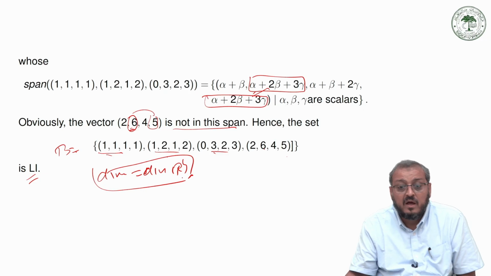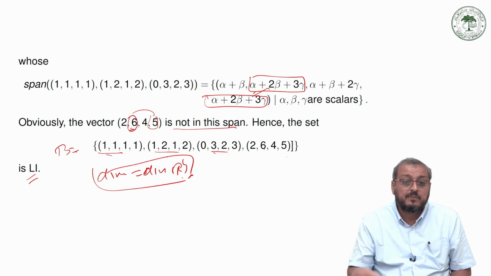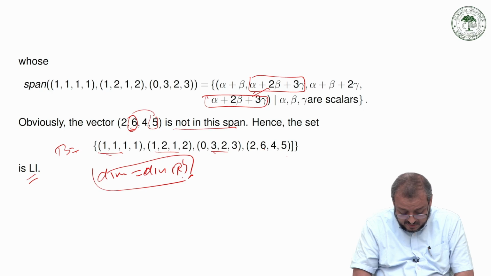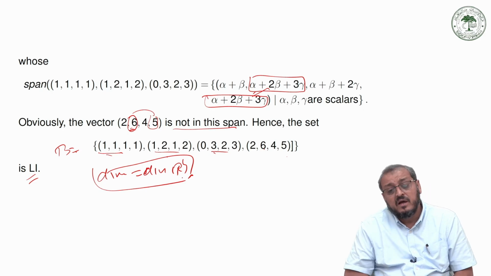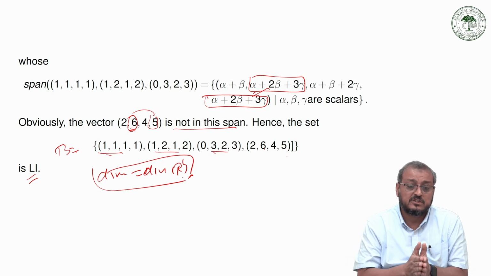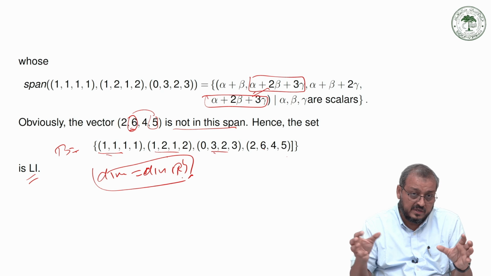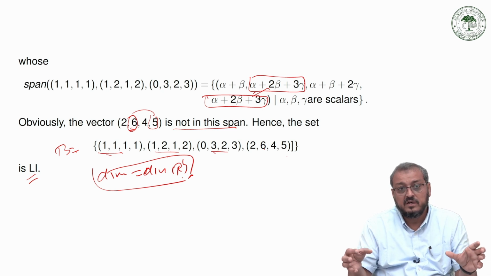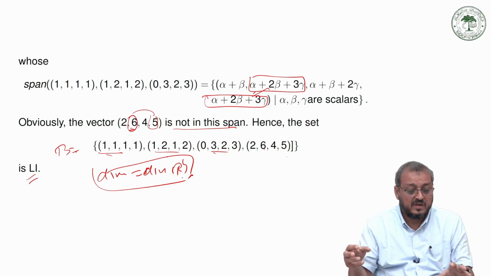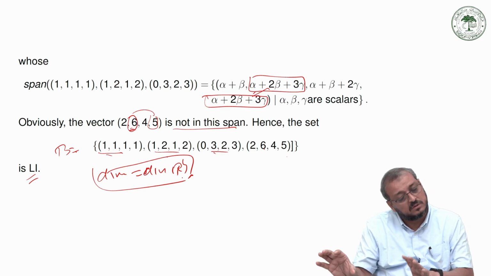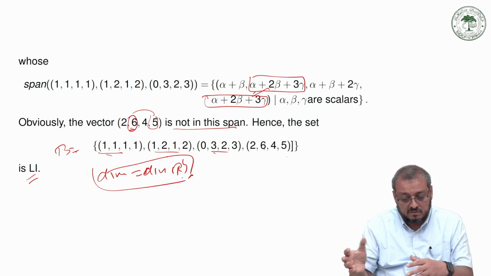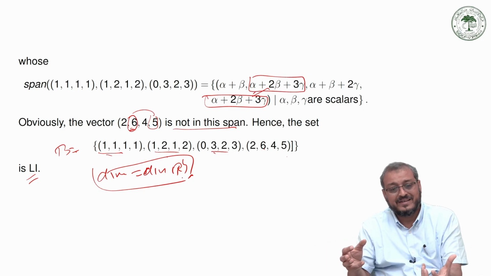So this way we can extend the basis of any vector space. If a vector space is given and we have a linearly independent set, we write the span of this set and choose a vector which does not belong to the span of that set.